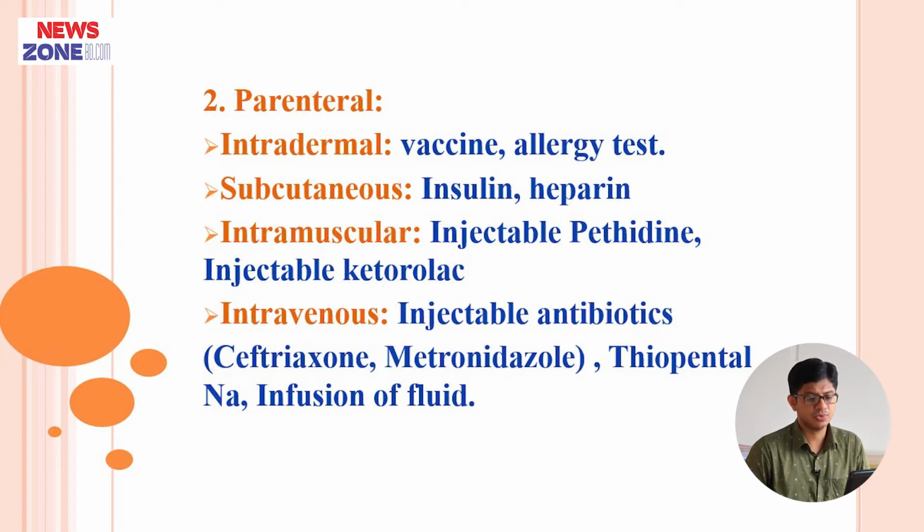And intramuscular route: injection pethidine, injection ketorolac and some other injections. In intravenous route, injectable antibiotics like ceftriaxone, metronidazole, thiopental sodium and infusion of various fluids we can give in intravenous route.